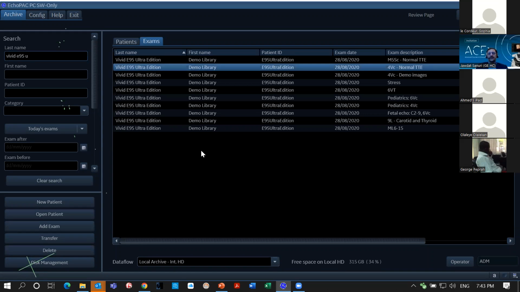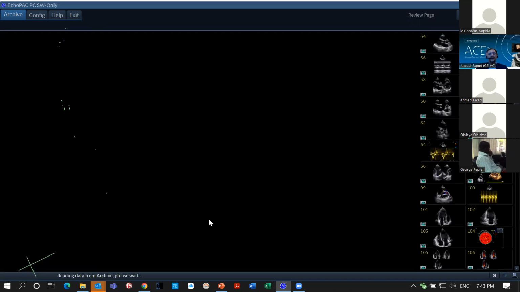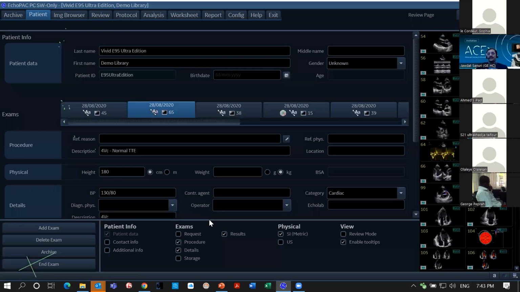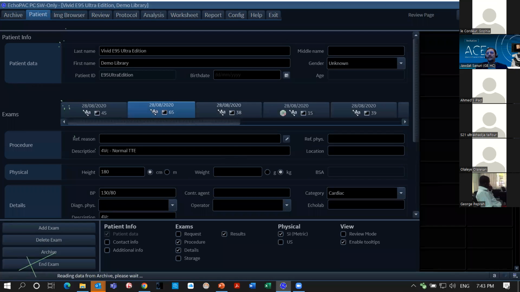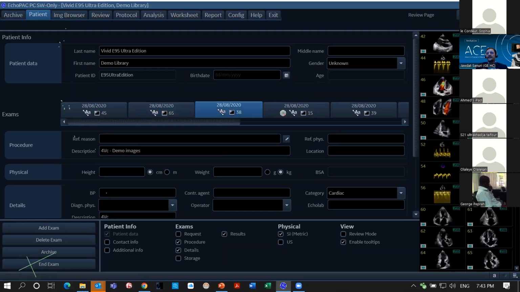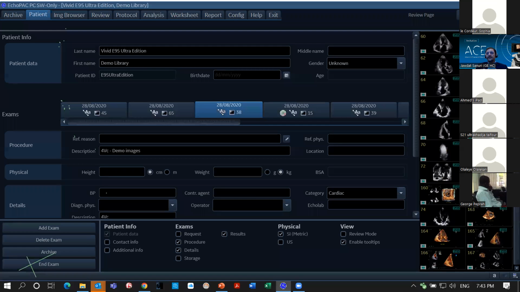So yes, it can be a full volume, including LV and RV, but it better be a targeted acquisition for the RV, so that we can get a better frame rate and resolution for the RV. I think I have an example with a targeted acquisition for the RV, so we can show that. If you give me a couple of seconds, I'll find that targeted acquisition.